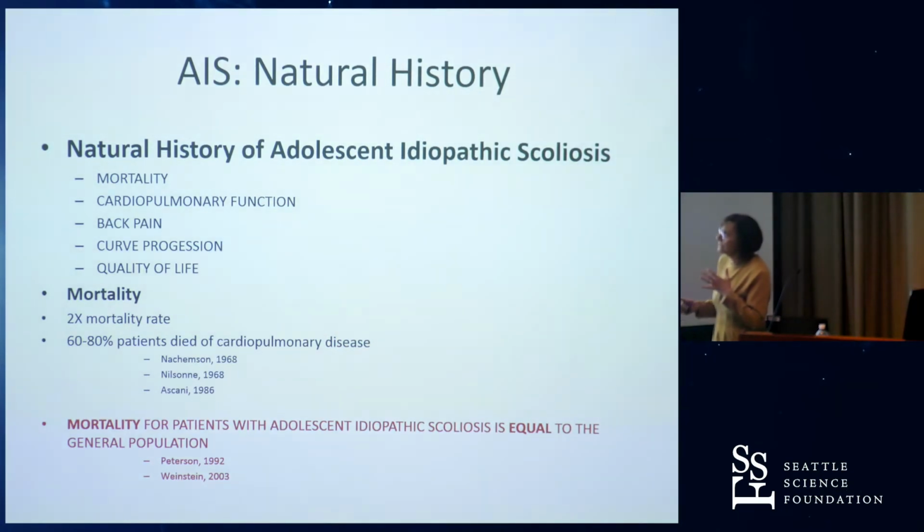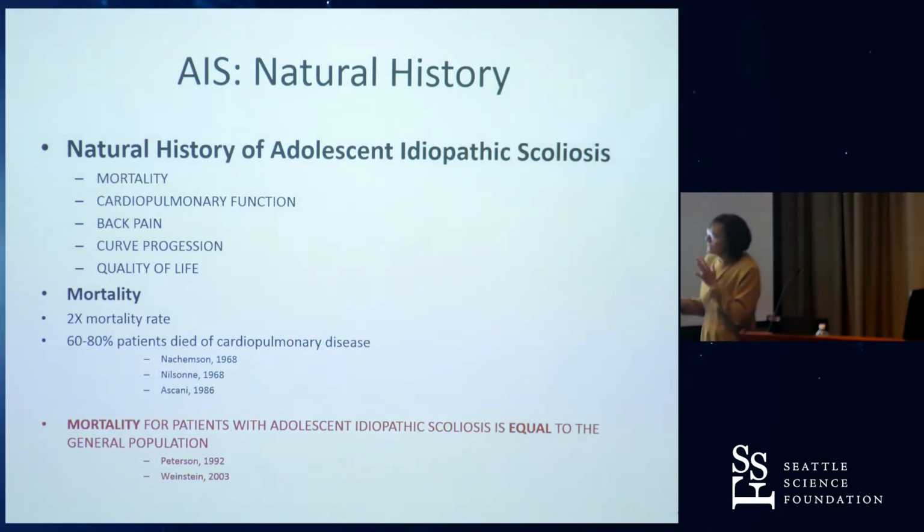The challenge about these studies is they were not adolescent idiopathic scoliosis alone. There were many early onset scoliosis, which does have a very different natural history impacting chest wall development, and there was a not insignificant number of neurologic and other entities.